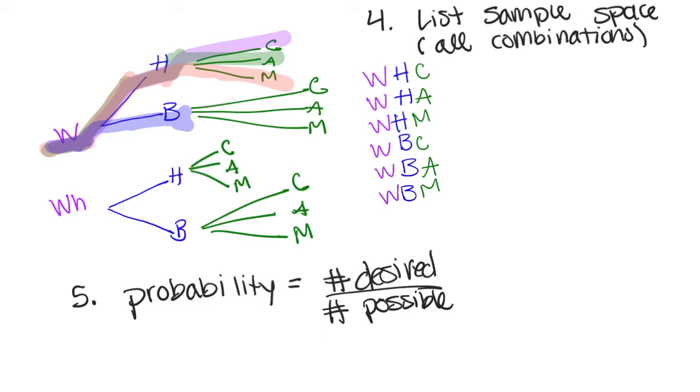Okay, so you should now have all the combinations for the first part, the first branch for white bread. Now I'm going to just do the same thing but with wheat. So take a second and try starting that on your own to make the combinations.